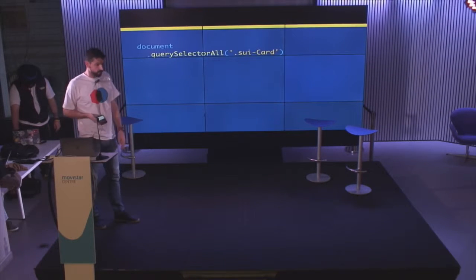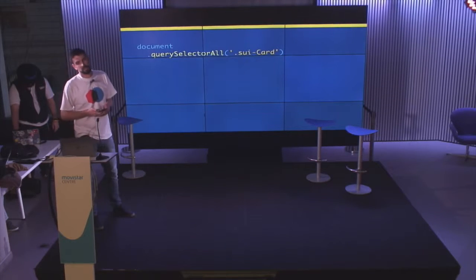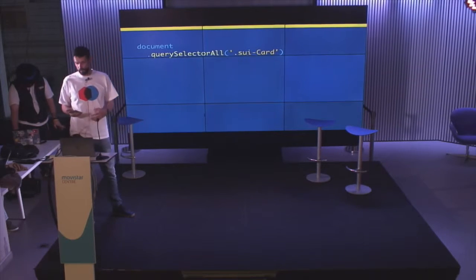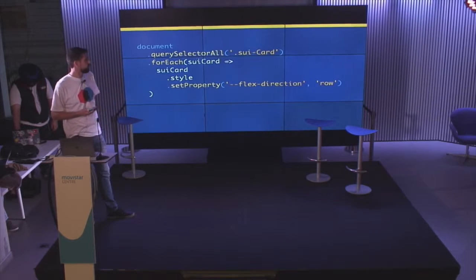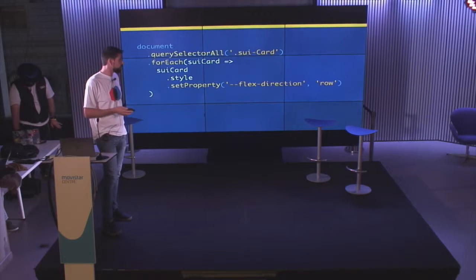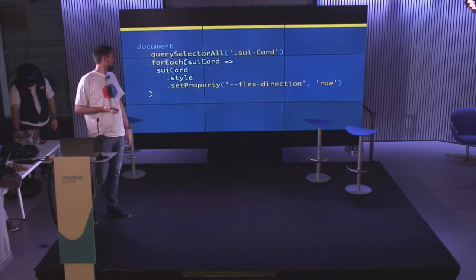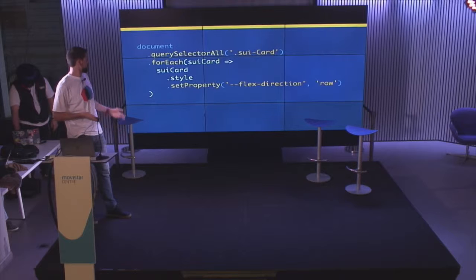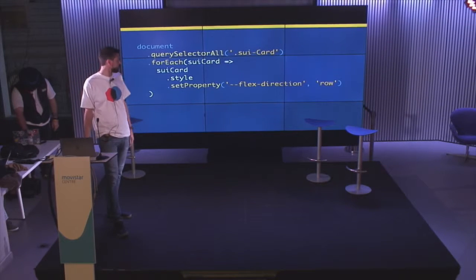So another example of its dynamism is we can work with them with JavaScript. That means we can select, for example, all the card selectors in the same page, and we can set custom properties by using the style attribute and the method setProperty.